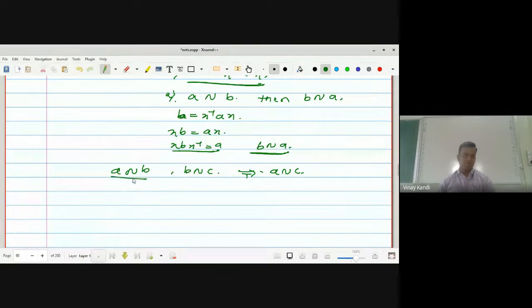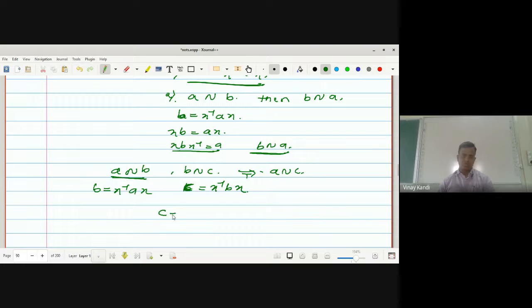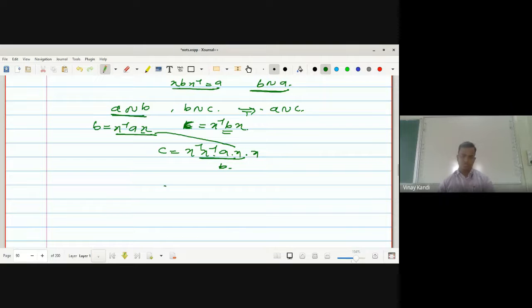Yes. a is related to b means b is equal to x inverse a x. b related to c means c is equal to x inverse b x. Substituting the value of b, this is the element of G, and this is the element of G.